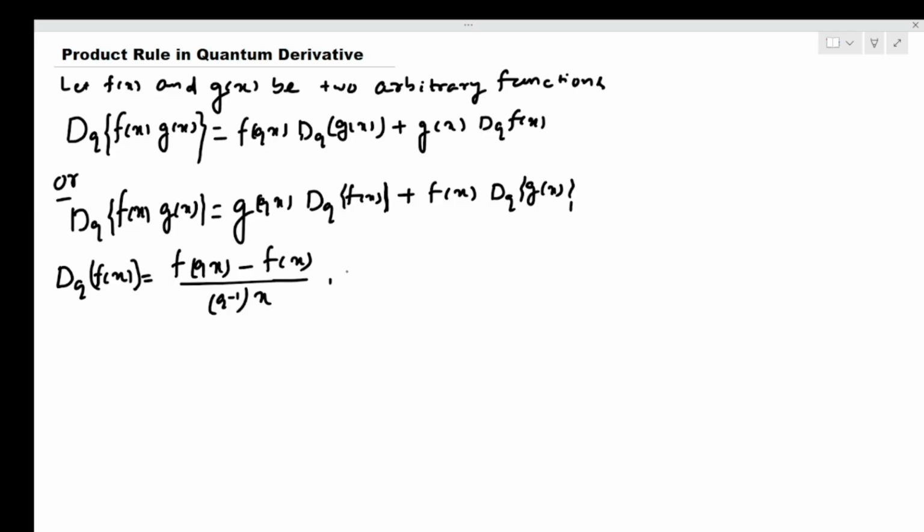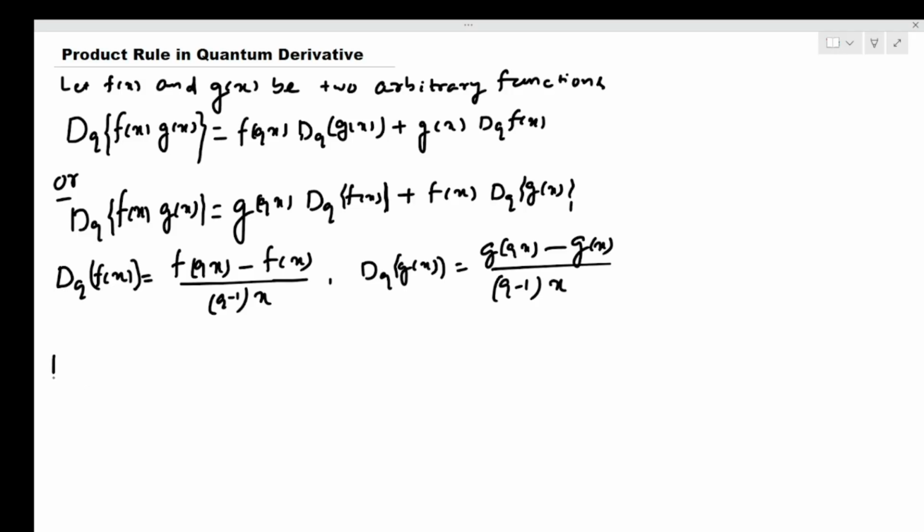Similarly, the quantum derivative of g of x will be g of qx minus g of x by q minus 1 into x. Now we will try to find out the quantum derivative of this product. So how will we find it? Let us see.